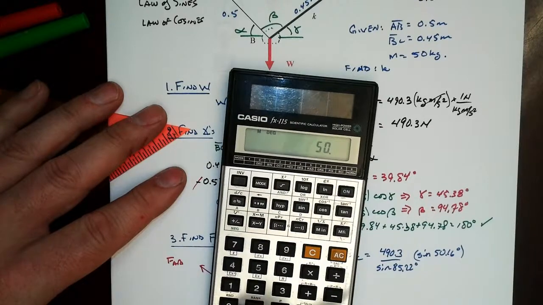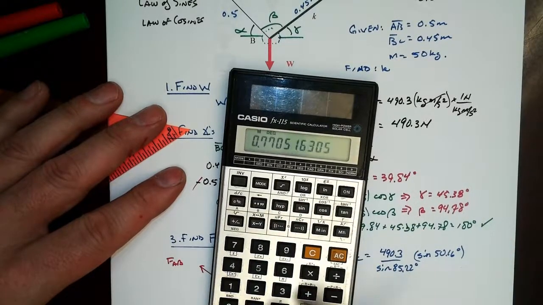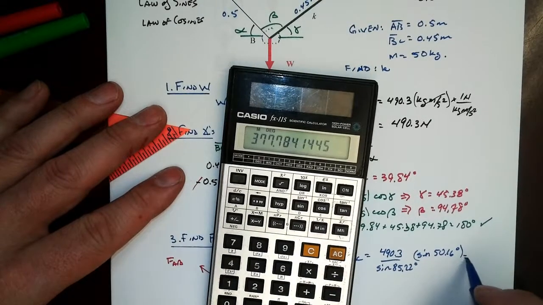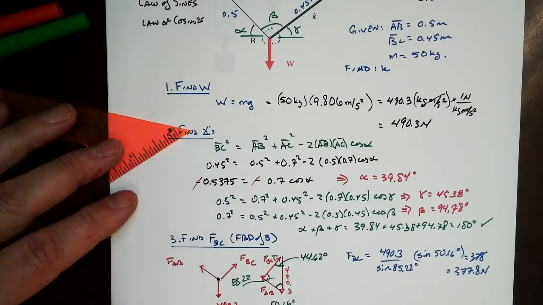So what do we have? Sine of 50.16 divided by sine of 85.22 times 490.3 equals 378. Yeah, let's keep more digits. Equals 377.8 newtons. Alright, intermediate work, so I'm going to keep more.